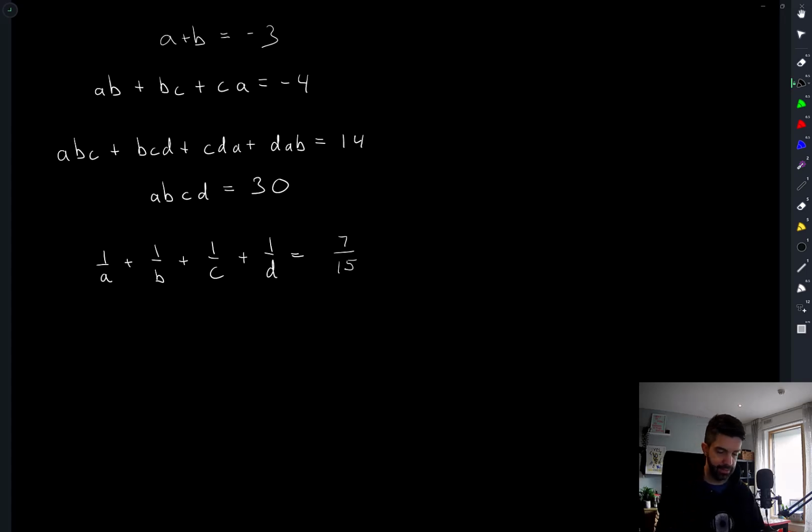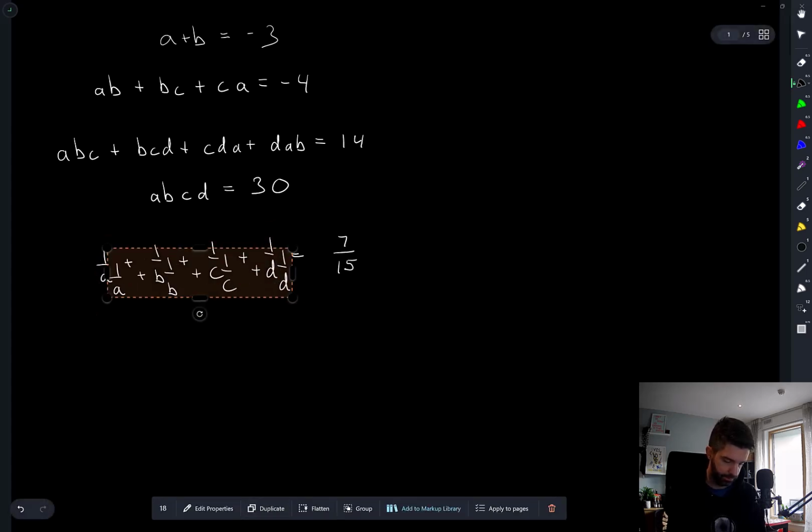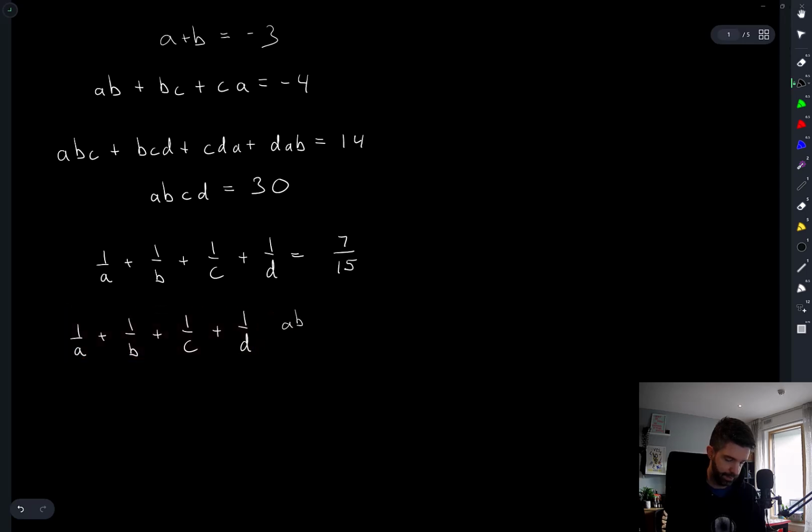I don't really have a path in sight that'll take us to the end, but I'm going to multiply these two things together. So let's copy that. Multiply by AB plus BC plus CA. So this is equal to negative 28 over 15.